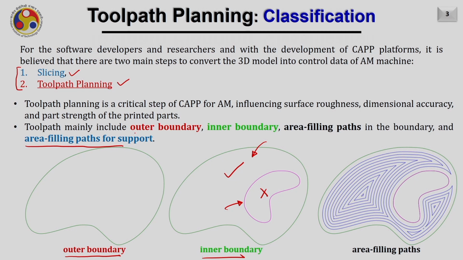Area filling path is basically what you are seeing here in blue color. This is a particular kind of path. There are different paths we are going to discuss today. As we have seen in our last lecture, the outer contour consists of nothing but a collection of lines. Therefore, you know the point and you know the next point on the contour.